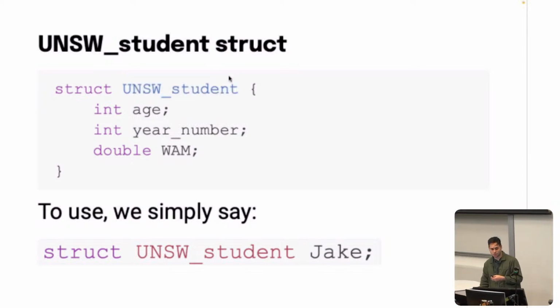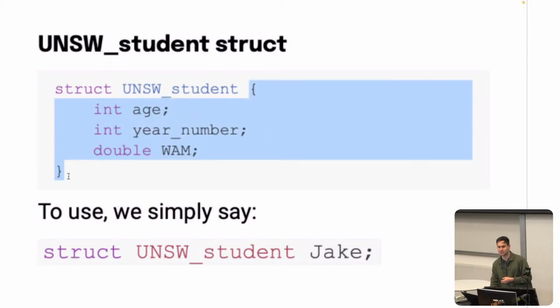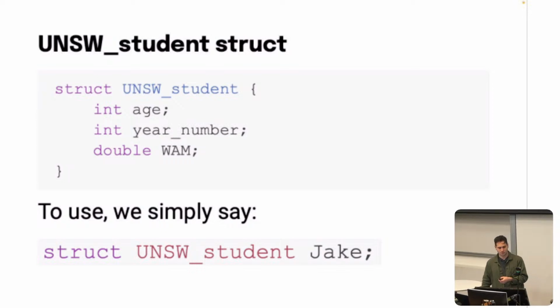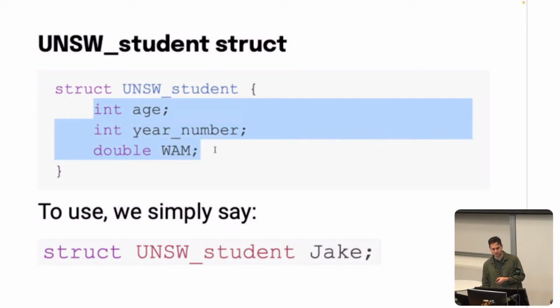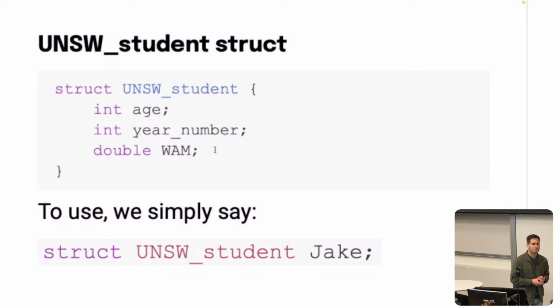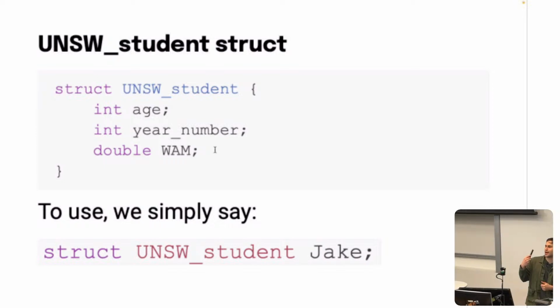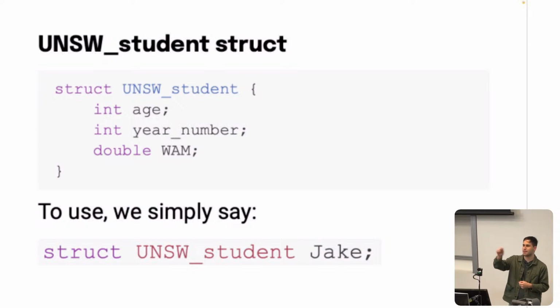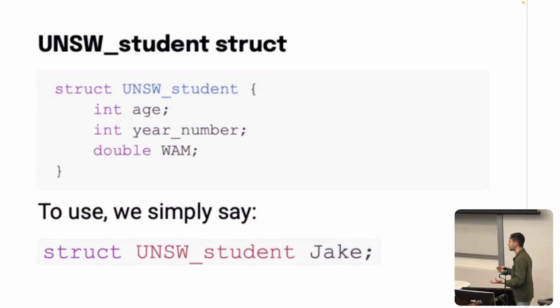And we see our good friends, the braces again, which is telling us that everything in here represents the values of the struct. Then we go inside the struct itself. And these look a lot like what? Variables. Right? Type name, type name, type name. And we define what makes a UNSW student in this program.